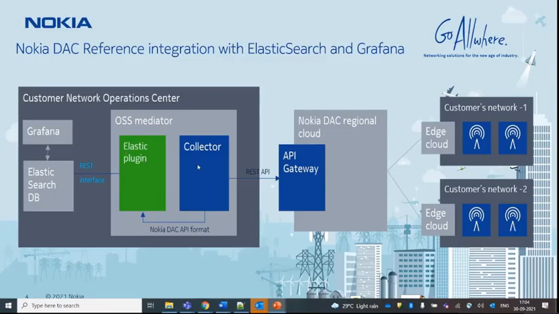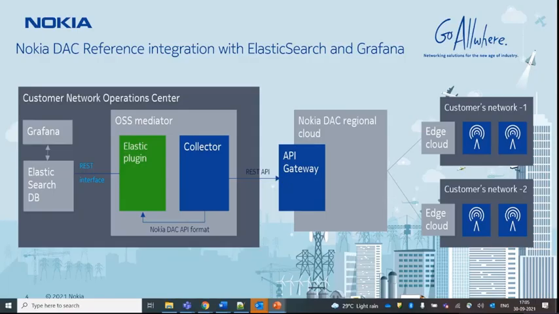Once the collector collects the data, the Elastic plugin would then periodically take the data and make different calls to push it to Elastic DB. So the Elastic plugin is used here to push it to Elastic. If you have a different kind of database installed in a customer premises, a different plugin needs to be developed, and that plugin can push the data to the right database that it is mediating with.